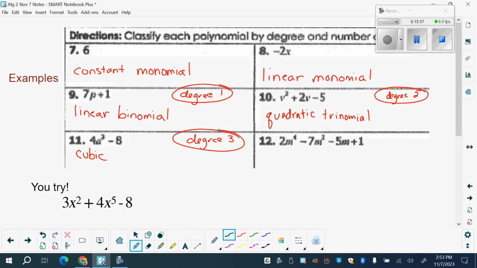So we're looking at the degree. I know I've given you a ton of stuff today. So it's cubic, and then what? How many terms? 2. So it's called binomial. And what about number 12?